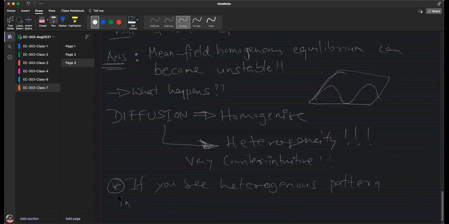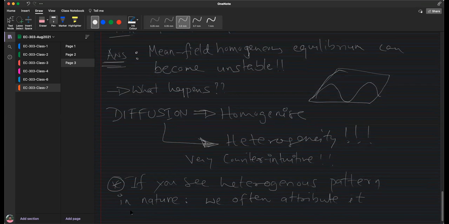What would be your basic assumption about the underlying processes? So the mechanism might be different. We often attribute it to an underlying heterogeneity, right? Underlying spatial heterogeneity.